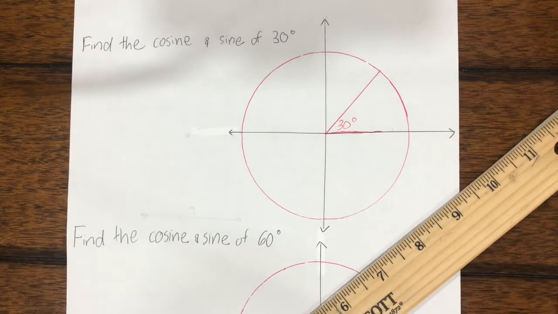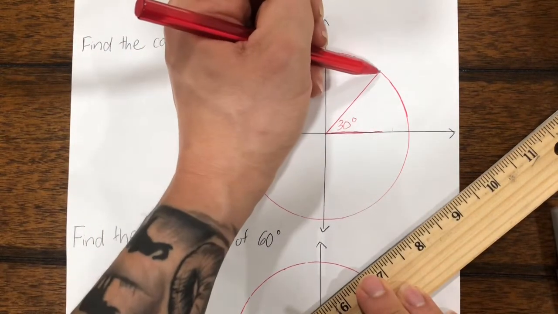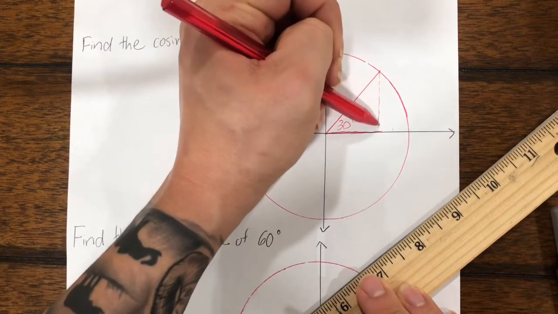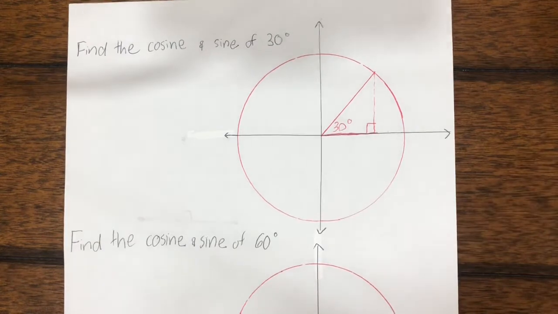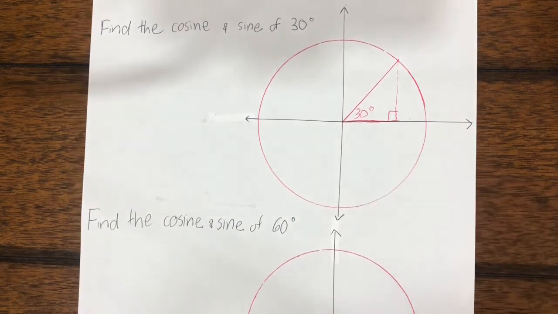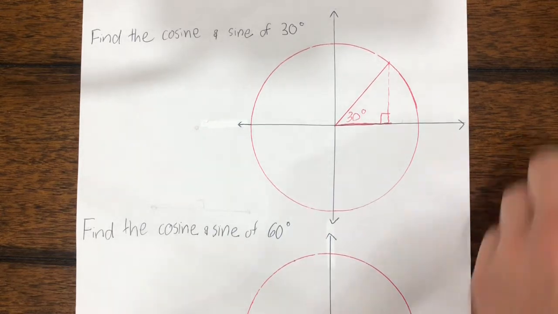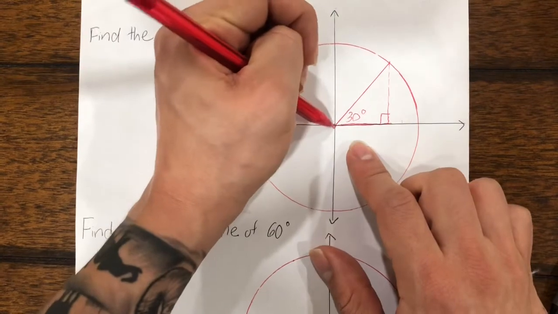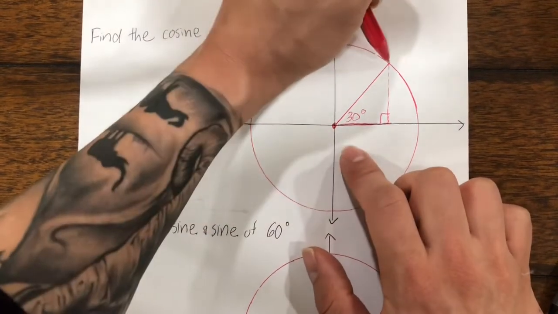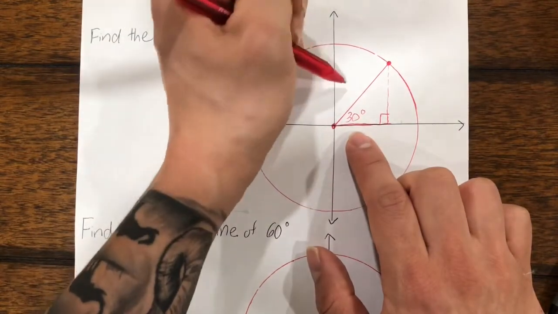All right, so now I can draw my line going down, and it creates a right angle. So we created a right triangle inside the unit circle. If we take a look, we see that we have a radius from the center to the end point of a circle, which is always 1 unit.